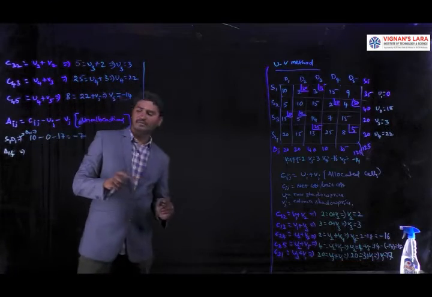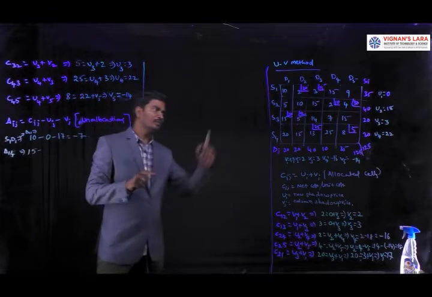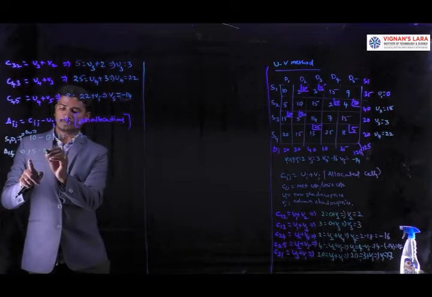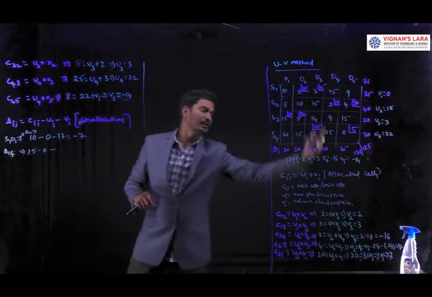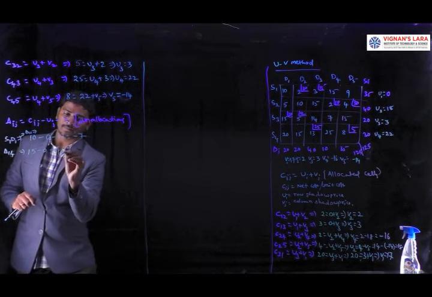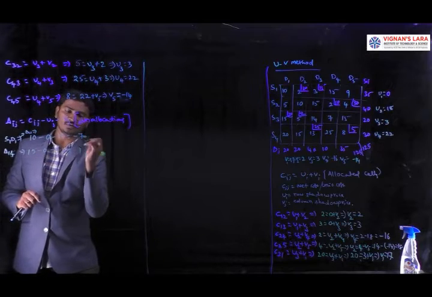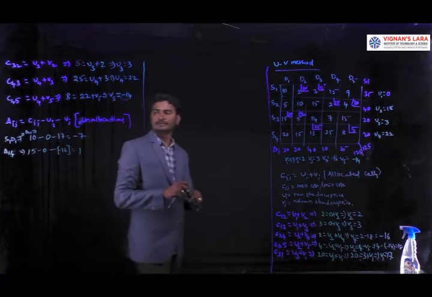What is the value of S1 D4? The Cij value is 15 minus Ui, which means U1, 0, minus V4, which is minus 16. From this we obtain 15 plus 16 is equal to 31.